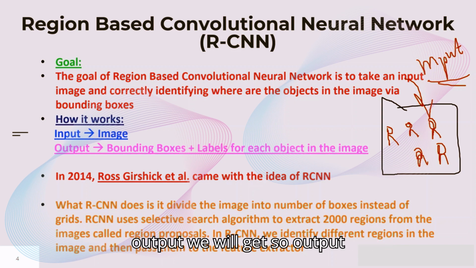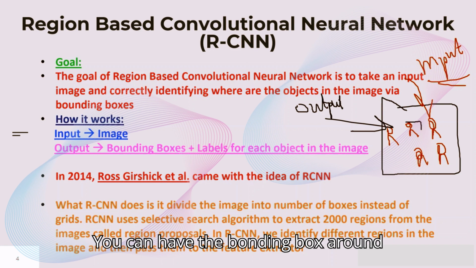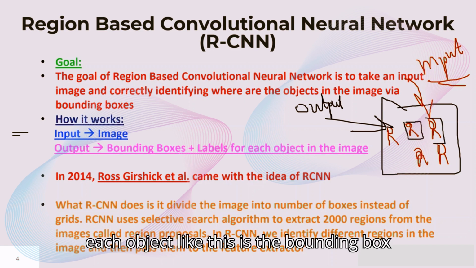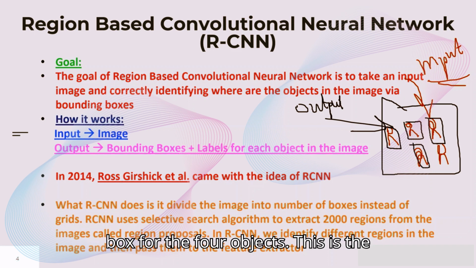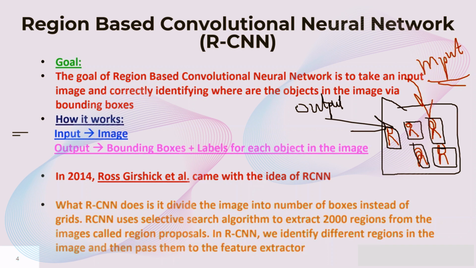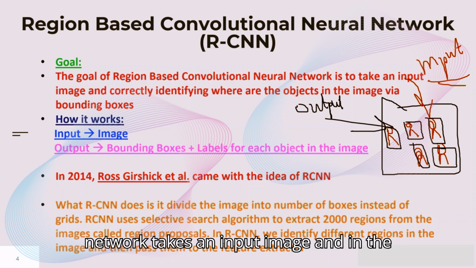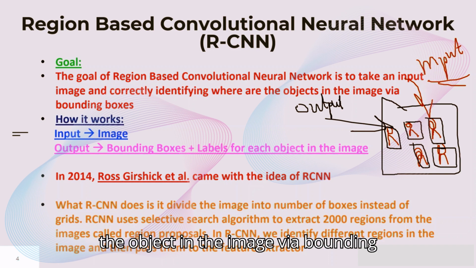In the output we will have the bounding box around each object. This is the bounding box for 3 objects, this is the bounding box for the 4 objects, this is the bounding box for the 5 objects. So it takes an input image, and in the output it correctly identifies where the objects in the image are via bounding boxes.